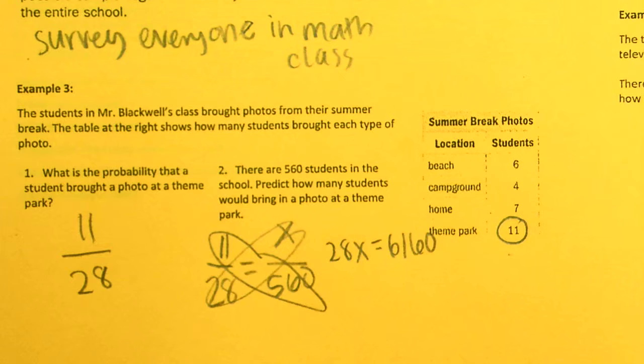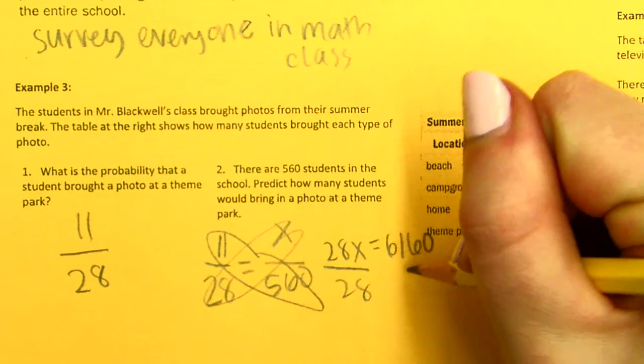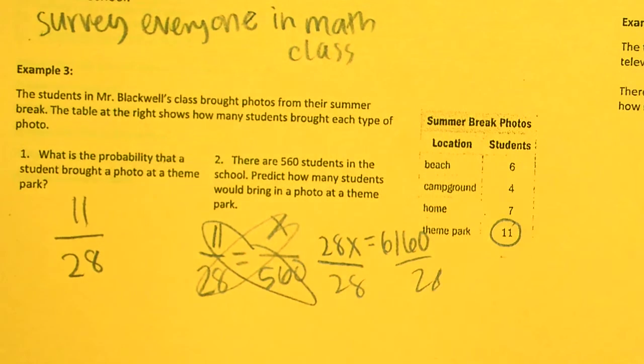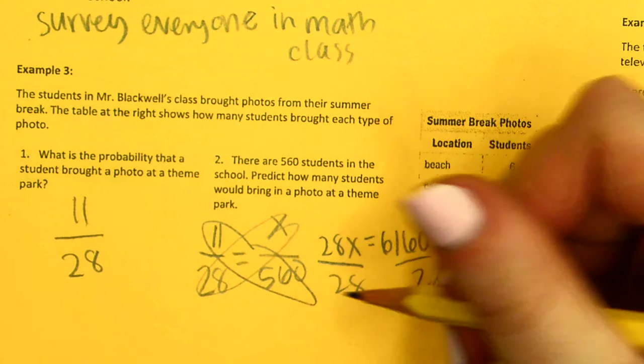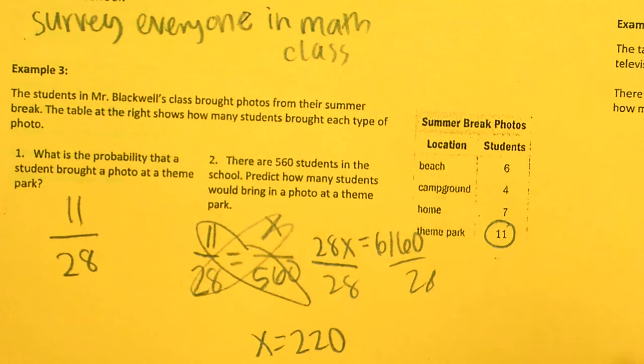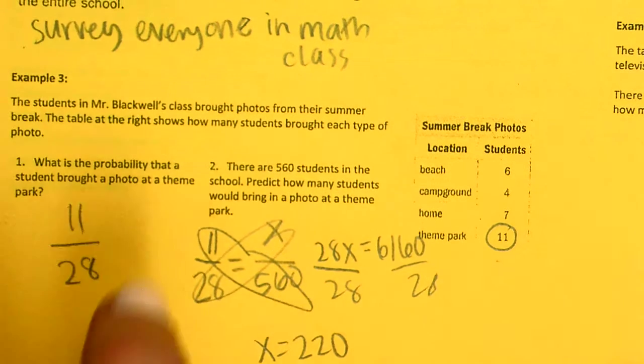Then I'm going to divide both sides by 28. So I get x equals 220. You could predict that 220 people out of 560 would bring a photo from a theme park.